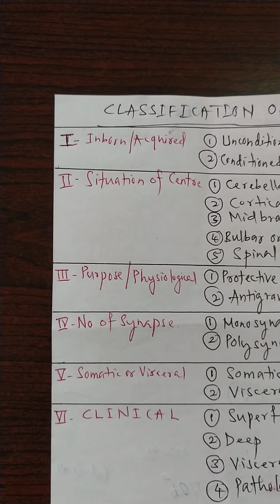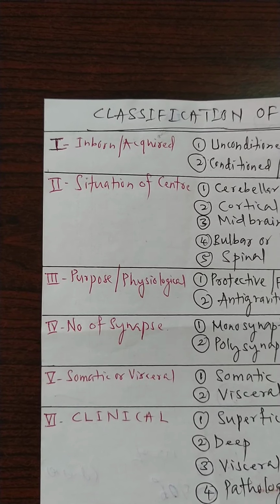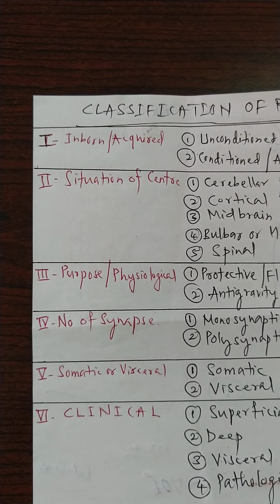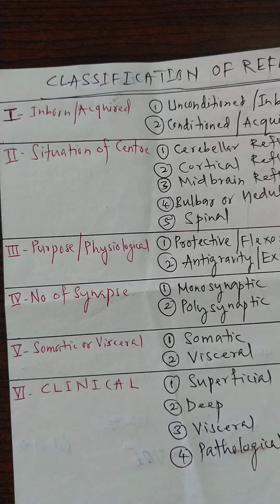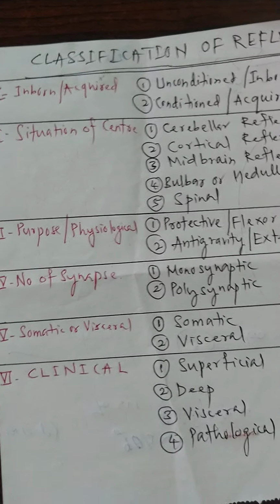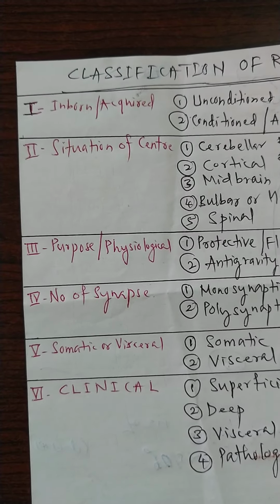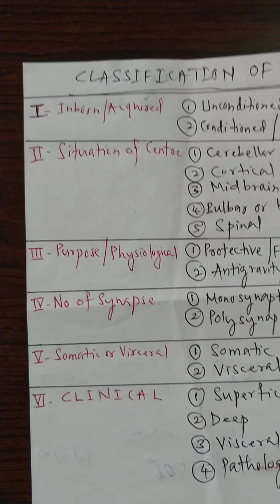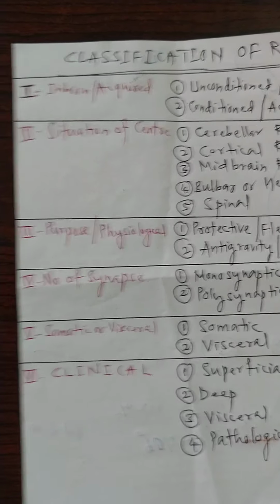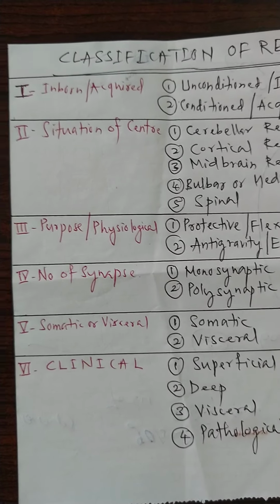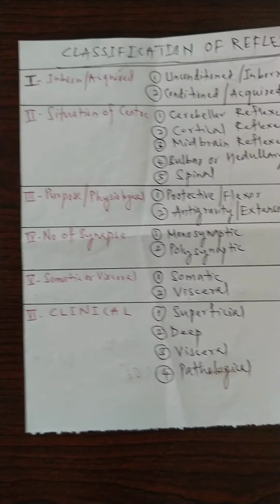Or there will be secretion of saliva when you keep a drop of honey on the tongue of a newborn. These are examples of unconditioned reflexes. The second one is the conditioned or acquired reflex. These are reflexes which require previous training.